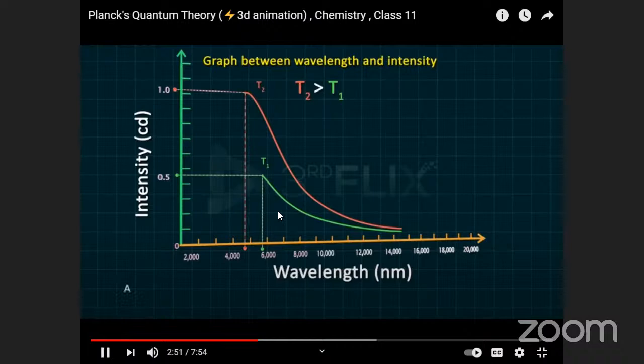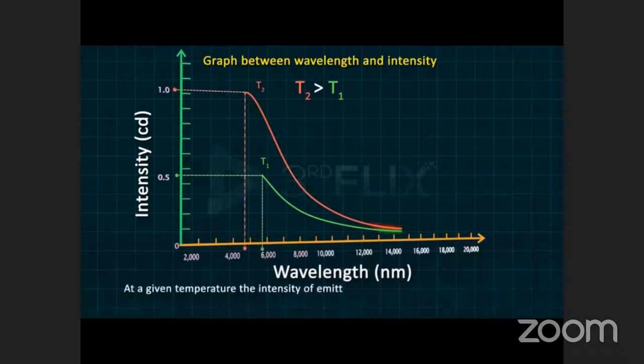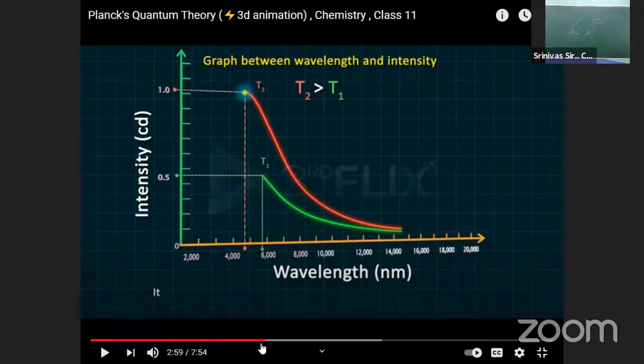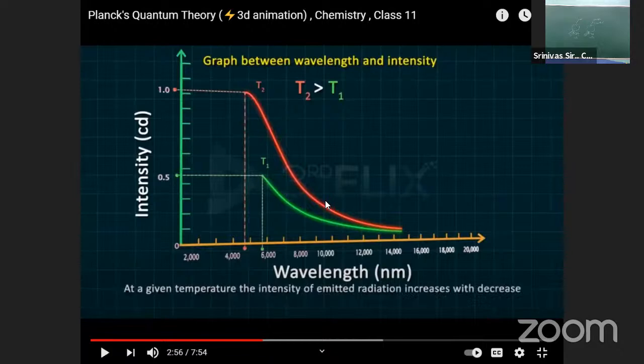It shows that at a given temperature, the intensity of emitted radiation increases with decrease in wavelength. Okay, so this is also an important point. He is explaining in a reverse way.